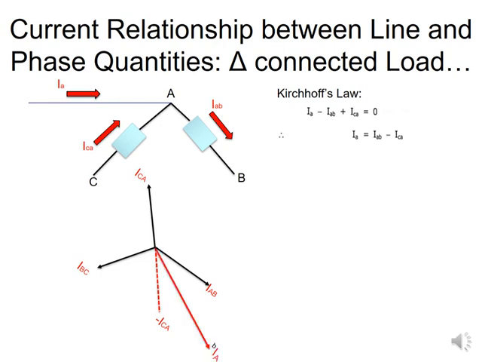I then draw in a resultant, which will be my IA current, of course. And if that was to be in a parallelogram, you could clearly see how that becomes my resultant current. After drawing in the parallelogram, I can draw in a bisector between my IAB and my negative ICA in the smaller dotted line that I've just drawn in there, and then I label everything within my parallelogram.